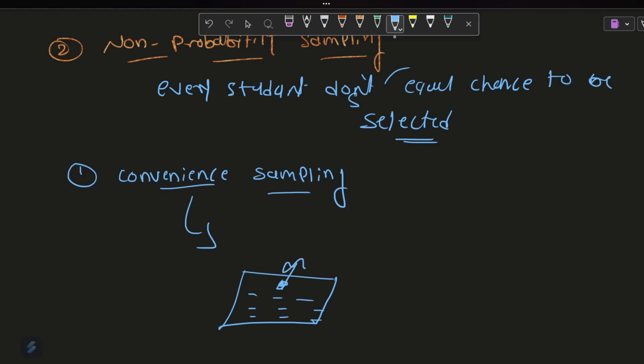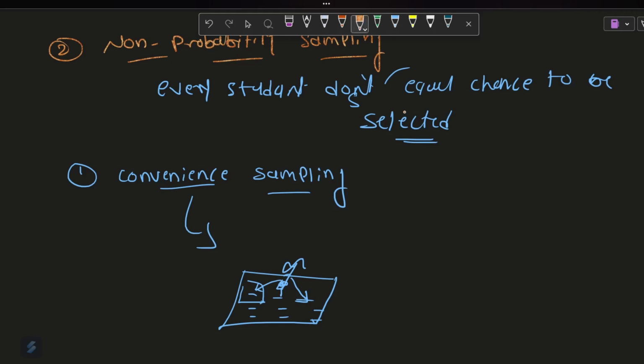So what happens in that particular place? The teacher selects the first benches, randomly. There is no equality of girls or boys, nothing. Simply the teacher goes and selects the first benches.